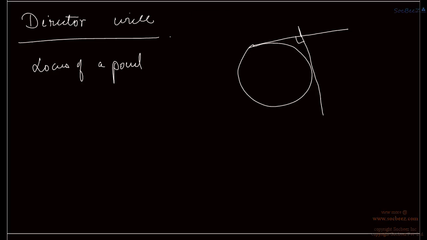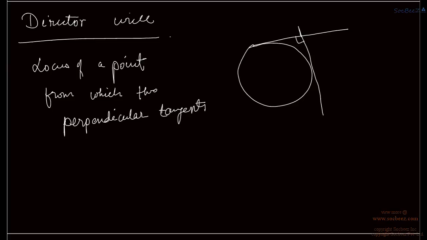So the locus of a point from which two perpendicular tangents to a circle can be drawn is again a circle.